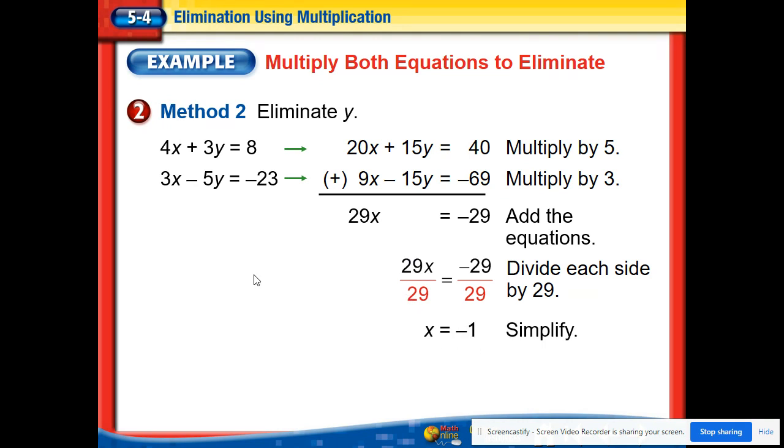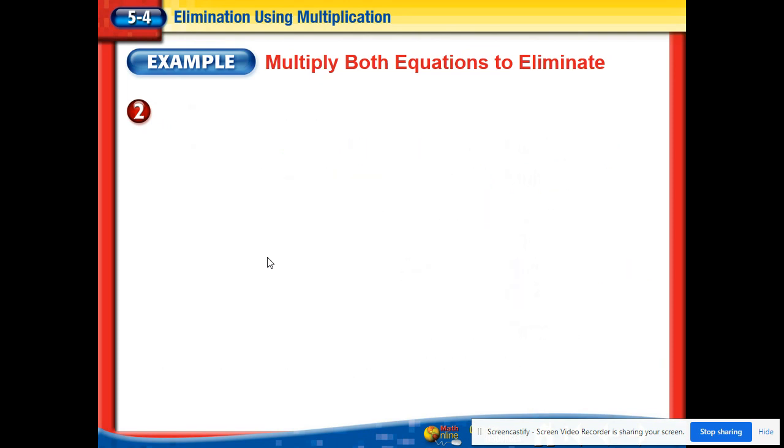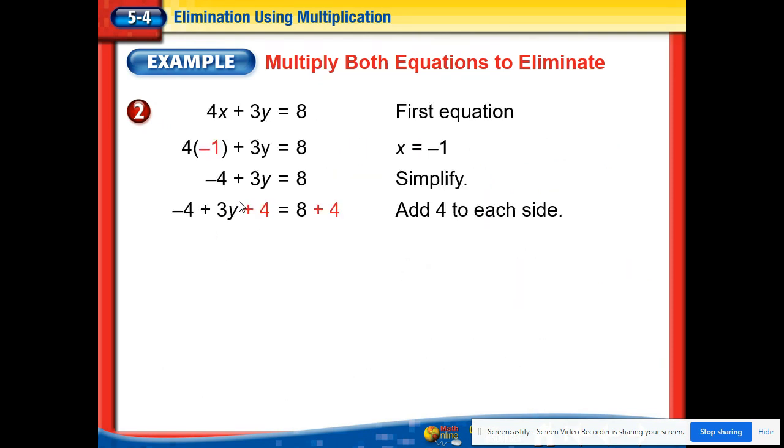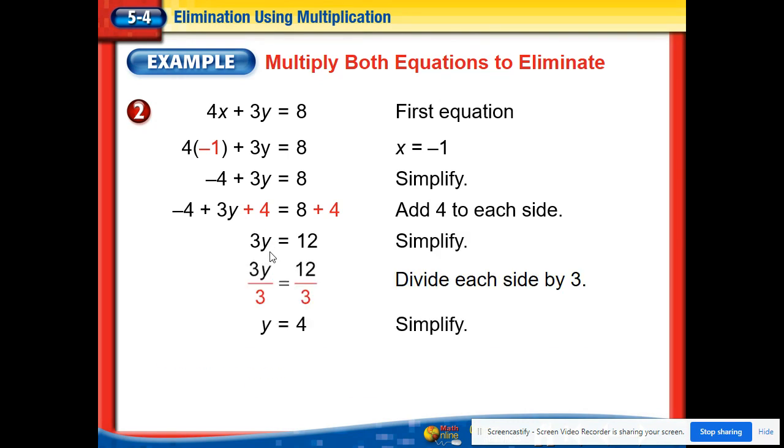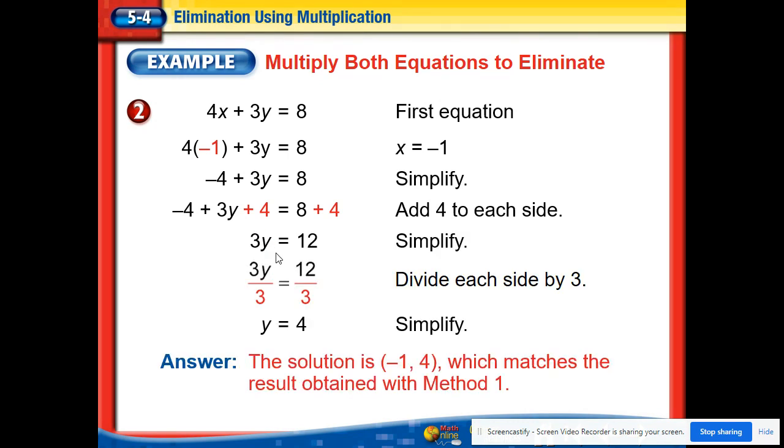So then I'm going to take the negative 1 and plug it back in. That gives us negative 4 plus 3y, add 4. 3y equals 12, y equals 4. So obviously, if you notice, it matches the same answer as we had for the other way. So it doesn't matter which variable you use, whether you get rid of the x's or the y's, you still get negative 1 comma 4.